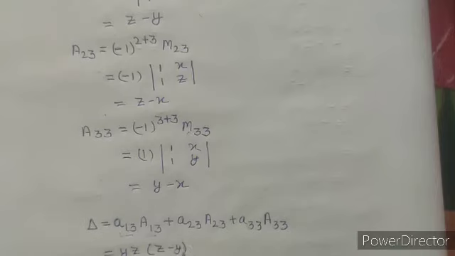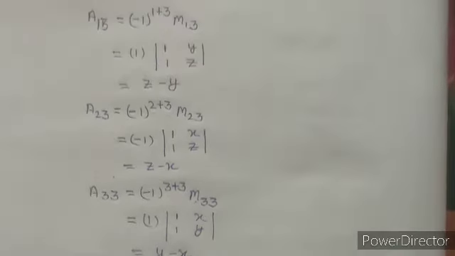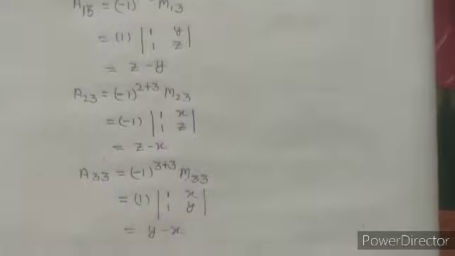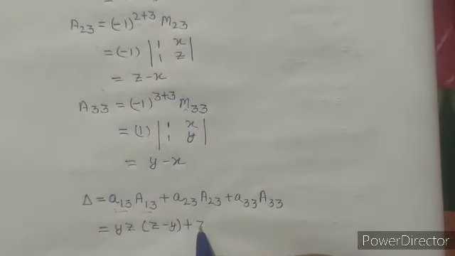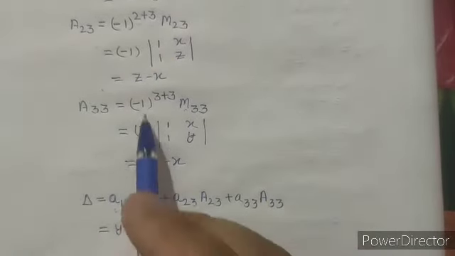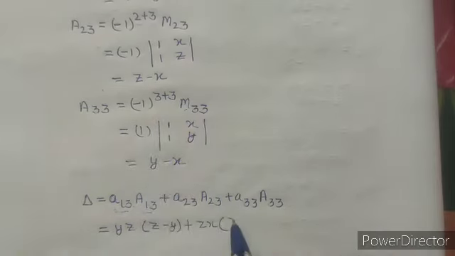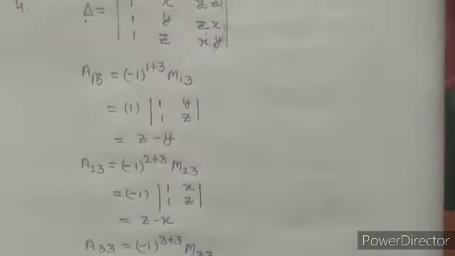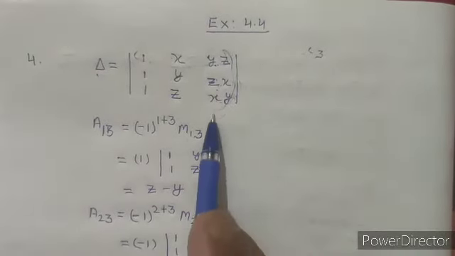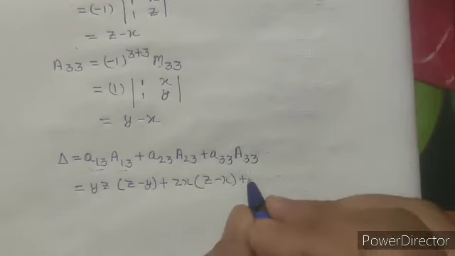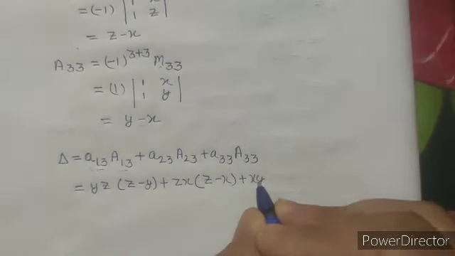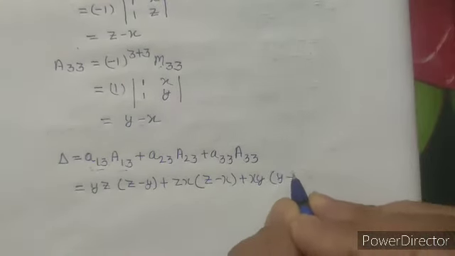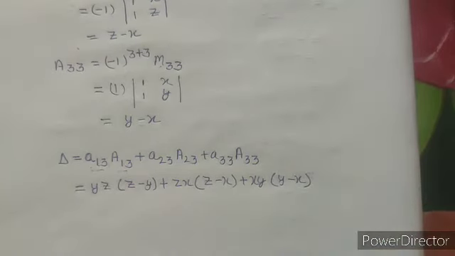Plus A23. Now A23 was zx into its cofactor, that was z minus x, plus A33, and here element A33 was xy into its cofactor y minus x.